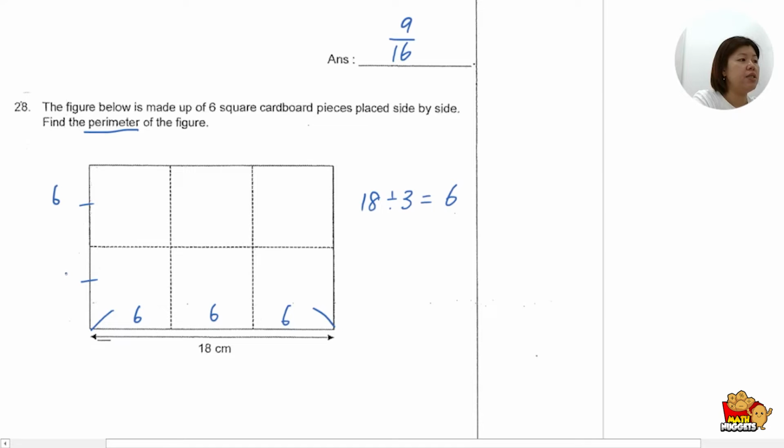So it means this is 6. So we can find the perimeter now, which is the outline. So if you can see, there are 1, 2, 3, 4, 5, 6, 7, 8, 9, 10. So 10 times 6 equals 60.